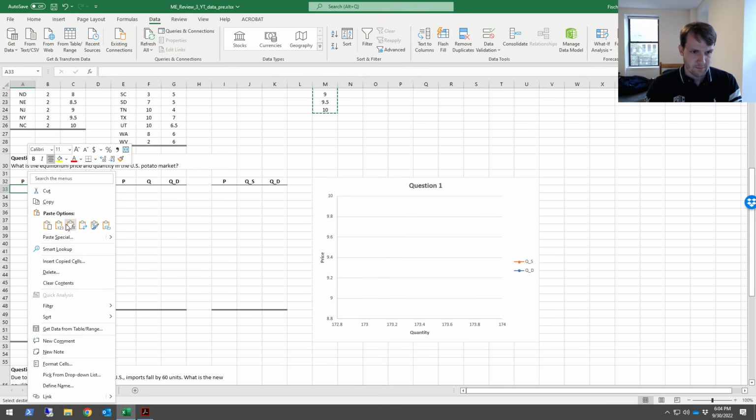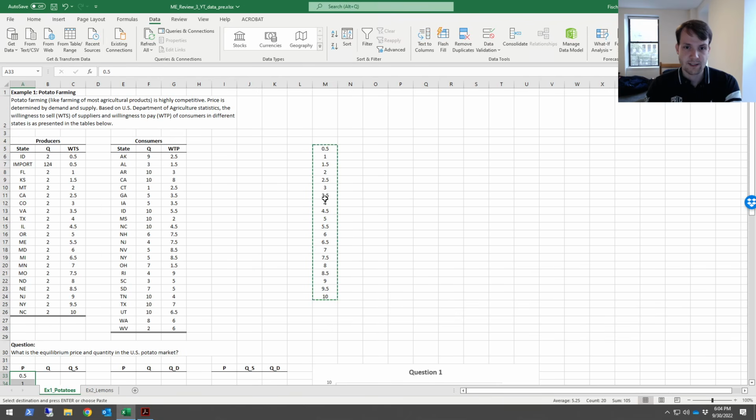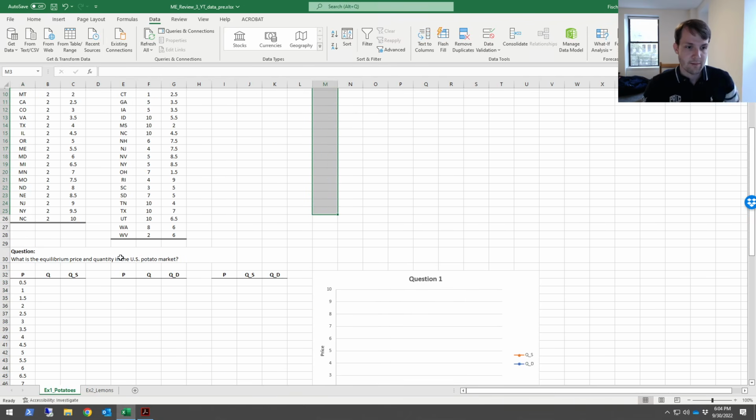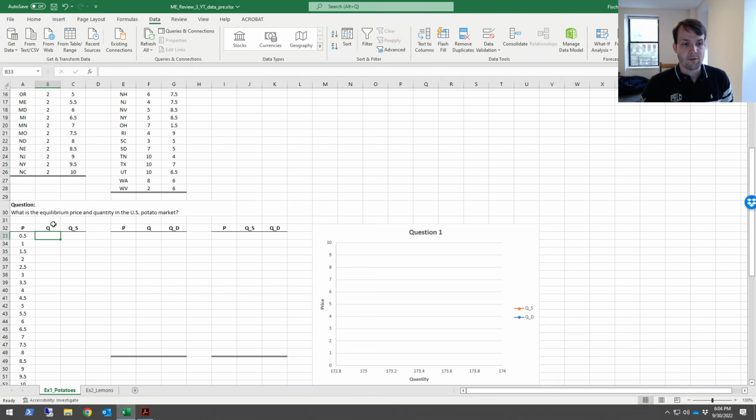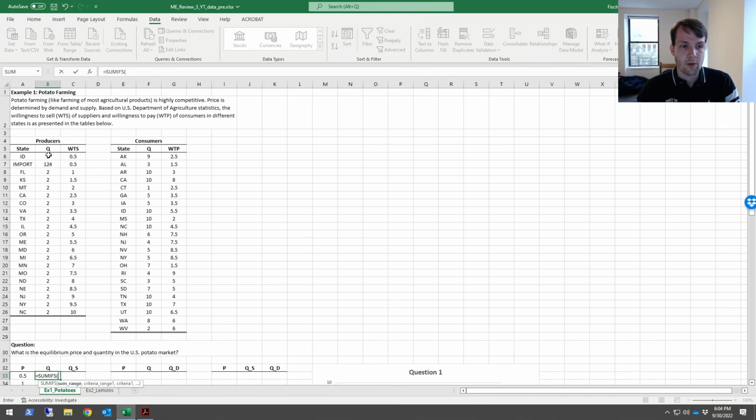We're going to plunk them down here as prices, since we know ultimately this is what they are. And now we need to find what quantity is going to be sold at this price. If the price was 0.5, how do we find the quantity sold? We're going to use a function called SUMIFS. We want to sum over all the quantities by the producers that are willing to sell at exactly this price.